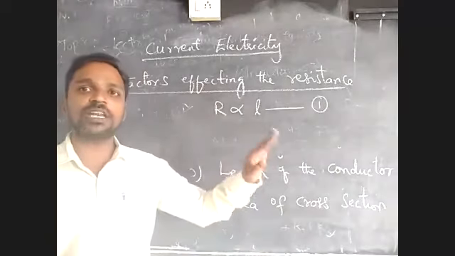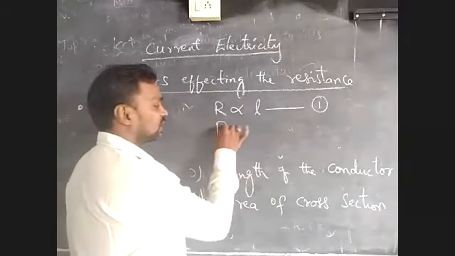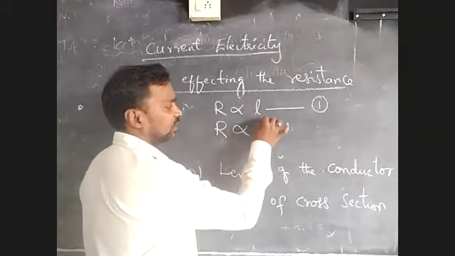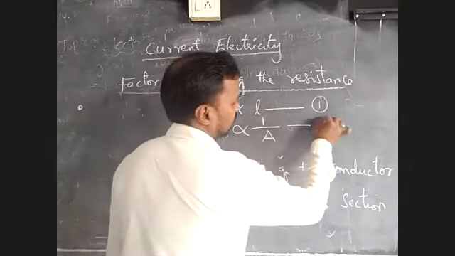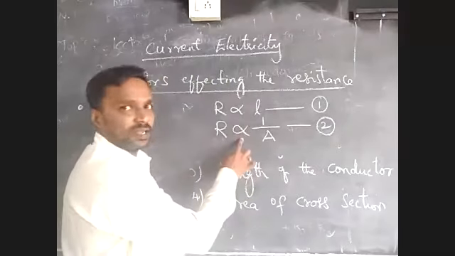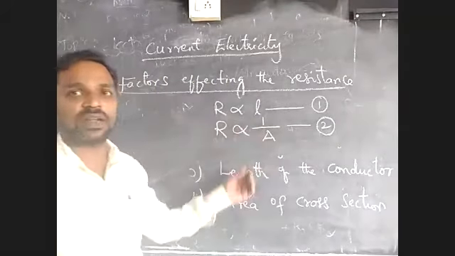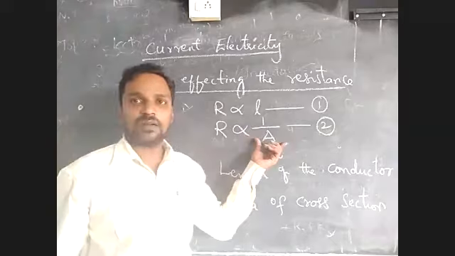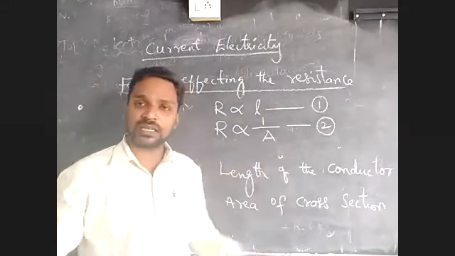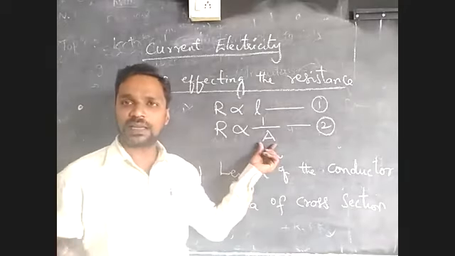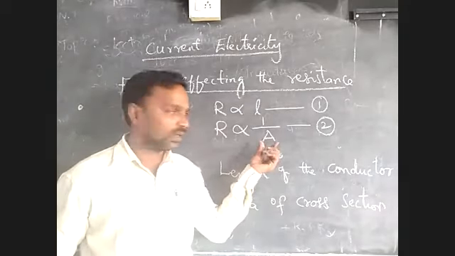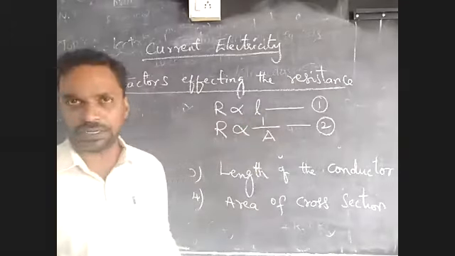So it is inversely proportional. The resistance of a conductor is inversely proportional to the area of cross section, or you can say R is directly proportional to 1 by A. A means not current, not ampere here, but area of cross section, which means thickness. The unit is centimeter square in CGS, or meter square in MKS.